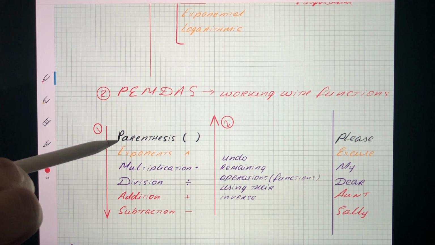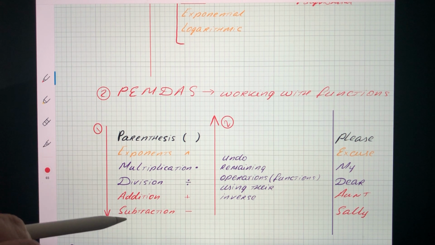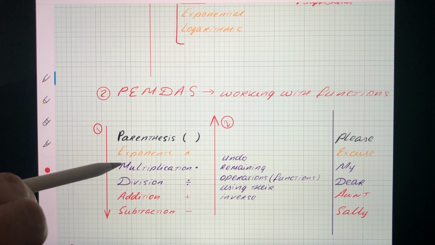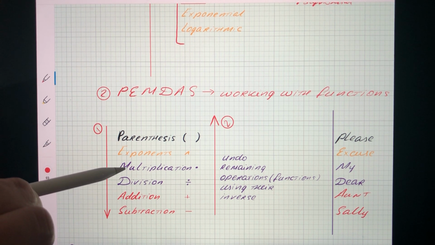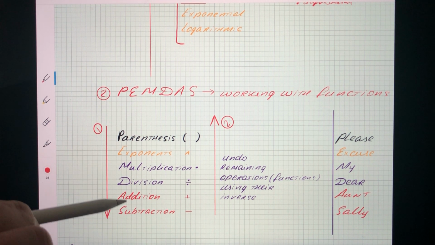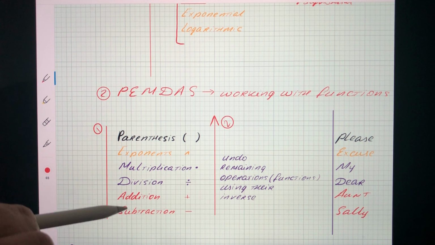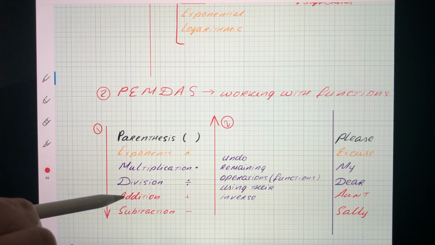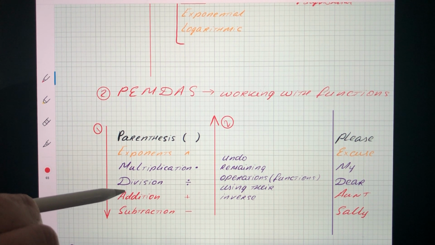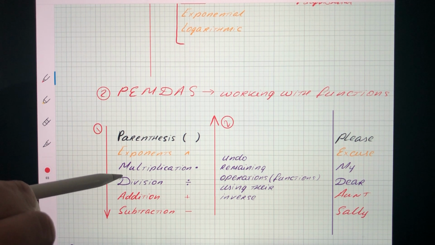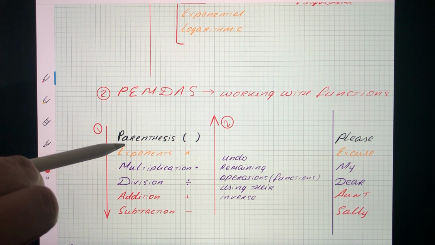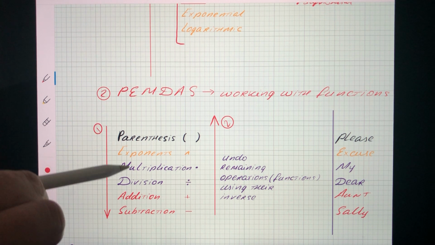These are colored differently because the order makes a difference, but multiplication and division can be done in any order. Division can be done before multiplication. And also, addition and subtraction can be done in any order. Subtraction can be done before addition if it is easier. But addition should not be done before the division, and division should not be done before parentheses. And that's what the coloring is for.